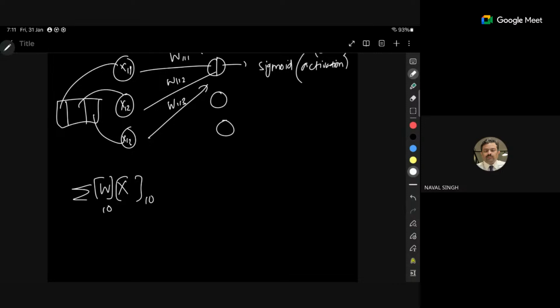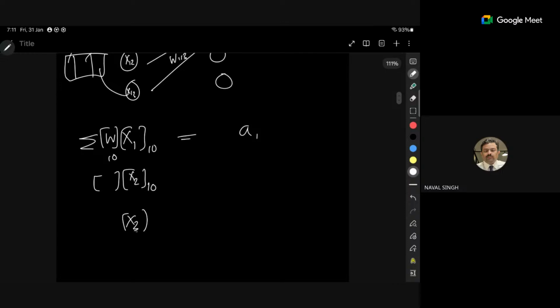This is for one sample, and you get some number, say a1. Then you send another row, x2, because you want to do it for the whole data set. Let's say you have 50,000 rows.